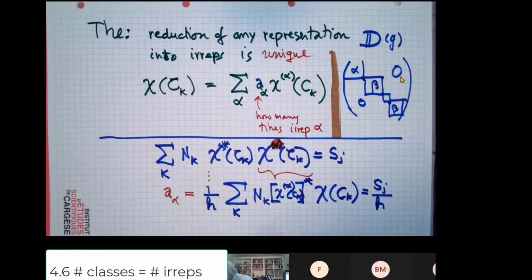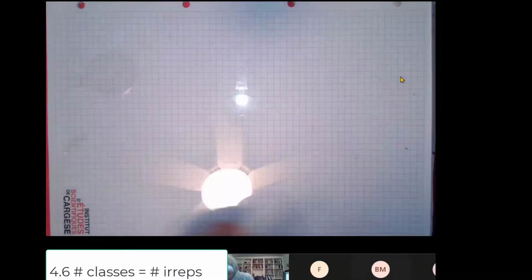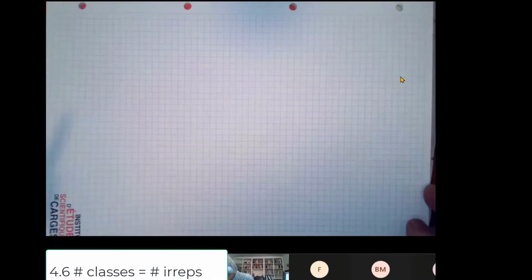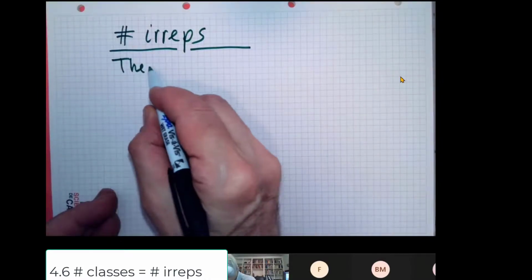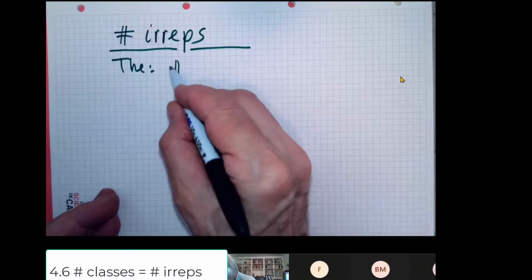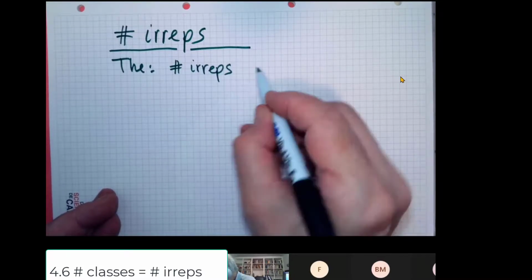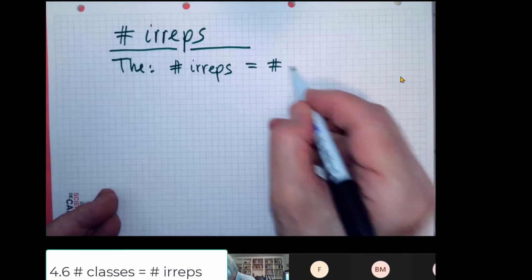And that's all there is to it. Now we can use this to count the number of irreducible representations. The theorem is the number of irreps equals the number of classes.